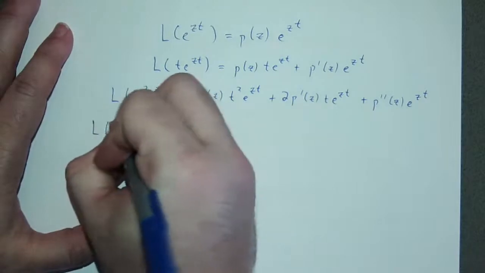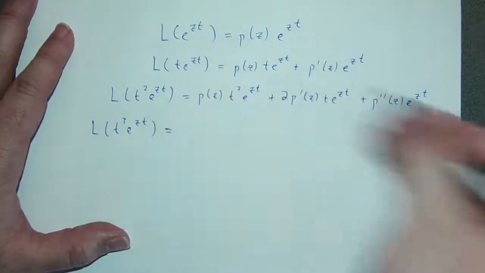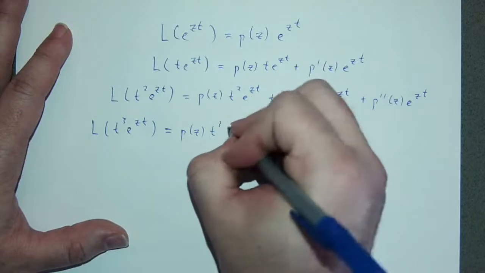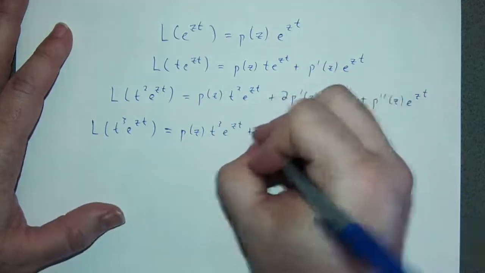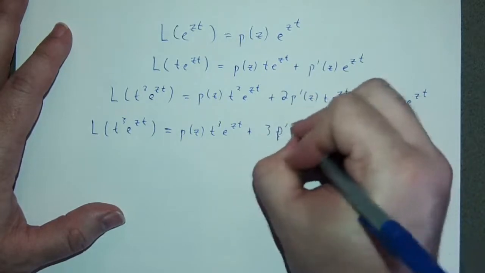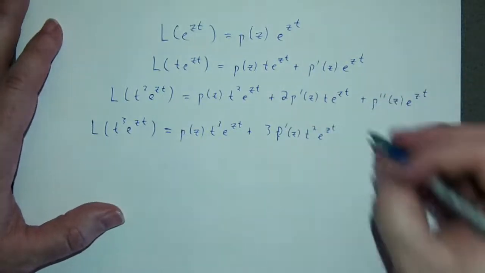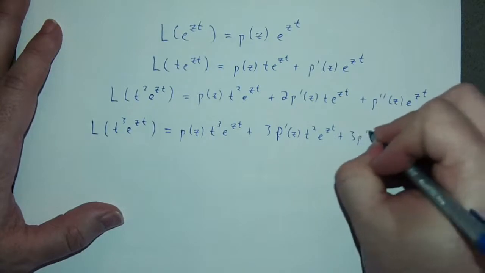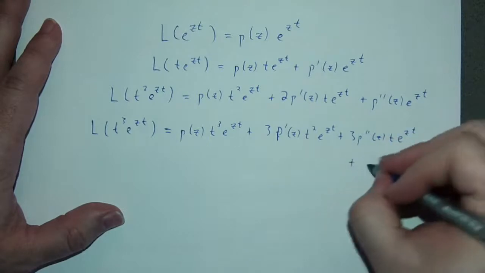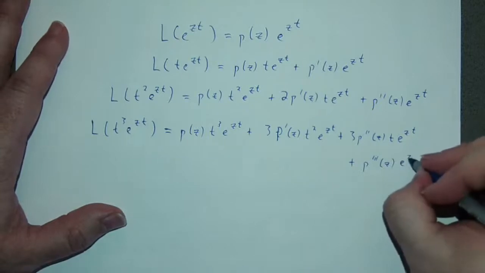So L of t cubed e to the zt is equal to p of z times t cubed e to the zt plus 3 times p prime of z t squared e to the zt plus 3 times p double prime of z t e to the zt plus p triple prime of z e to the zt.